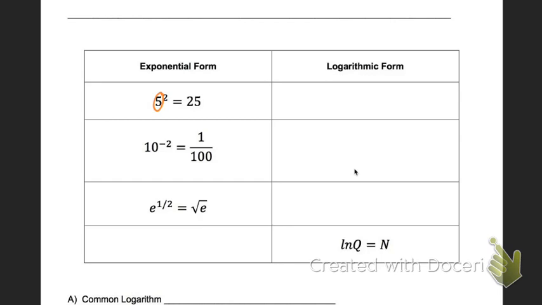It goes down, so we have log base 5. So imagine this base coming down, and then the 2 and the 25 will switch. So log base 5 of 25 equals 2.